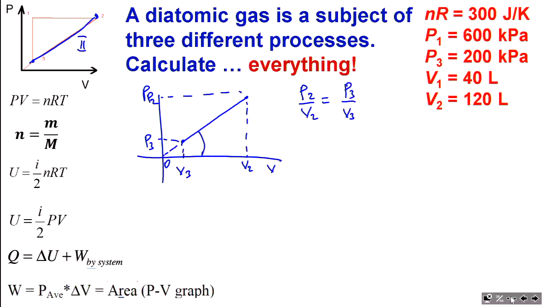Okay, so let's see what we can calculate from this. P2 and P1 are equal to each other, P3 is given, V1 is given.